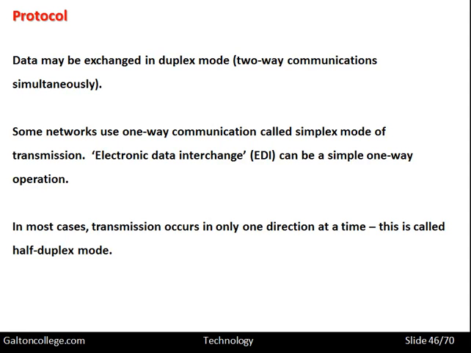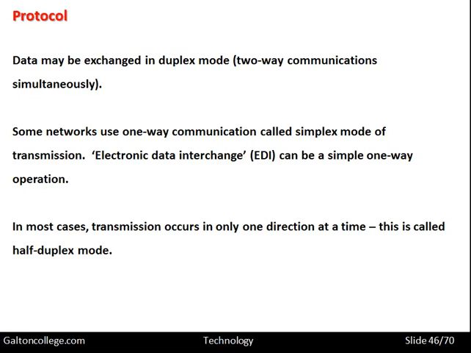In most cases, transmission occurs in only one direction at a time. This is called half duplex mode. In the past, with the widespread use of radios, sometimes people would make a call to someone else, and when they were finished speaking, they would say over.